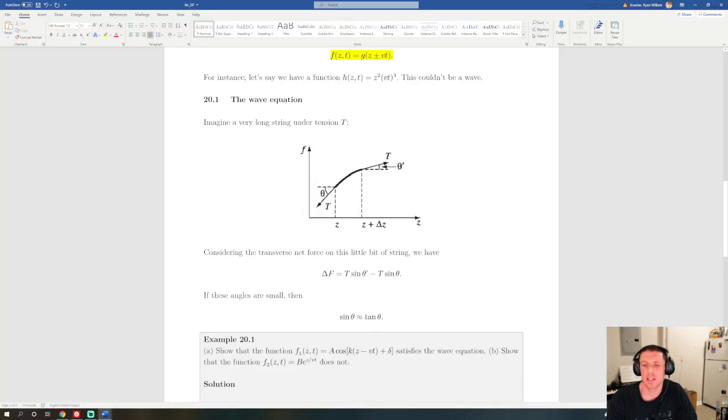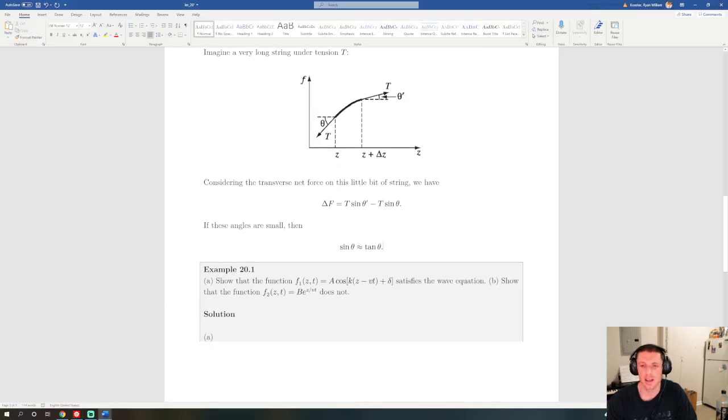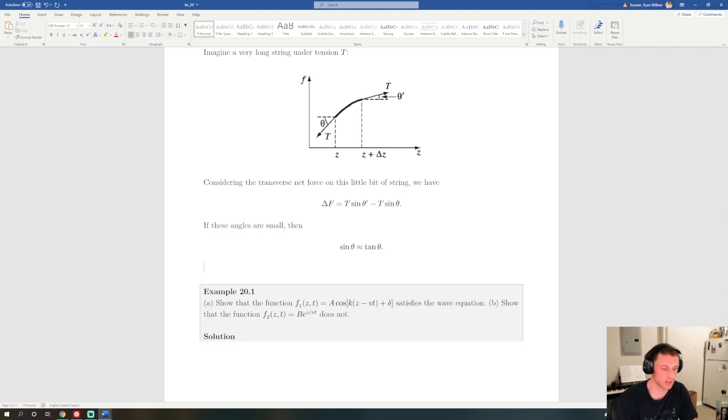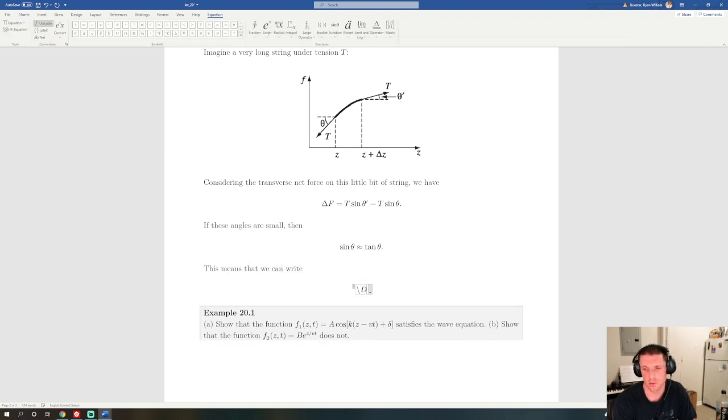With that being said, wherever we see a sine of theta or sine of theta prime, we can write tangent of theta and tangent of theta prime.